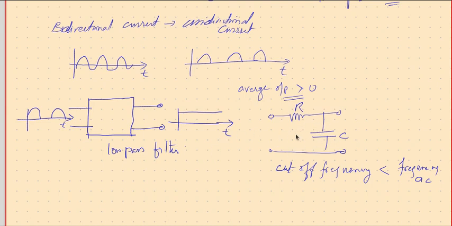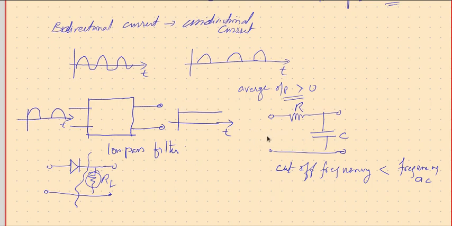Now, how did we get this? We got this using a diode in series, and then a resistor here. This resistor was a load resistor, so we want the voltage across it to be constant. Therefore, this has to be taken out.